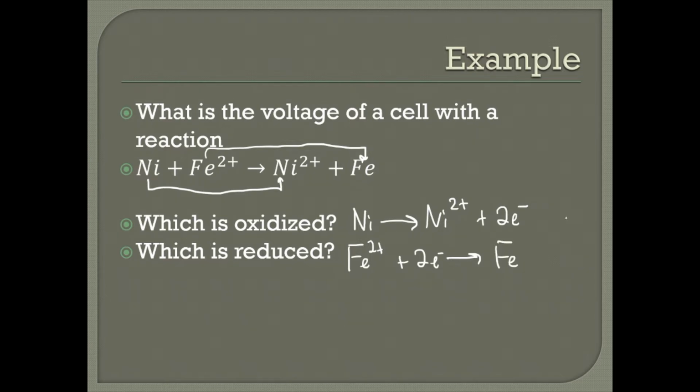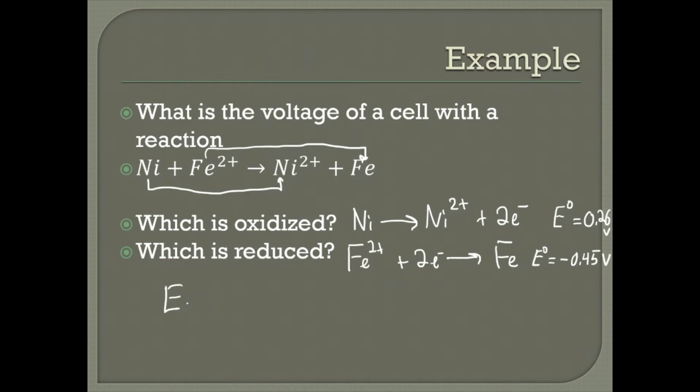The total cell voltage, we just add up the oxidizing voltage and the reduction voltage. So here the oxidizing voltage, normally this would be negative 0.26, but because it's the reverse, it's going to be 0.26 volts. And here, just read this straight from our textbook, which is negative 0.45 volts.